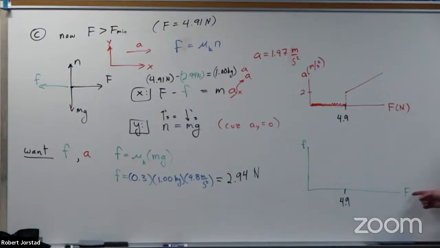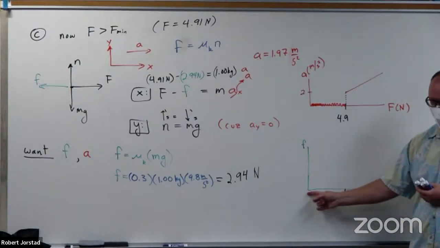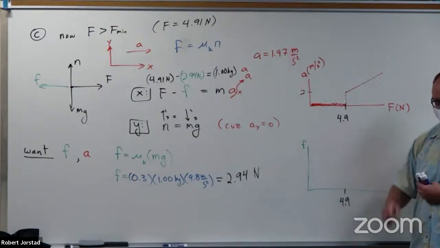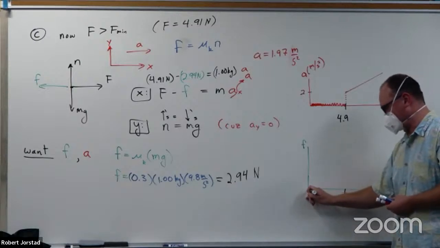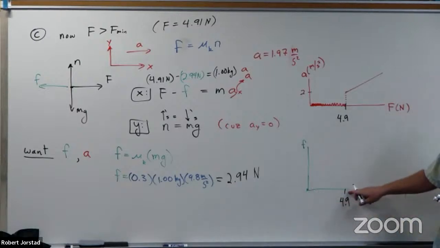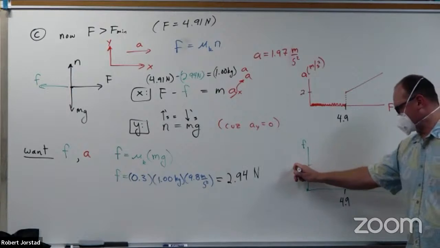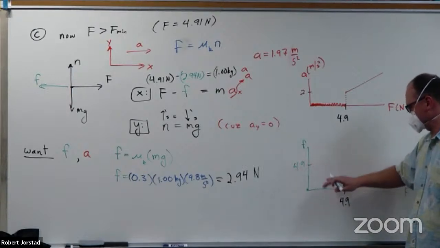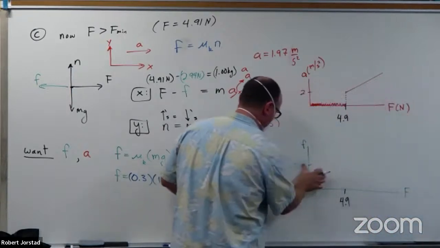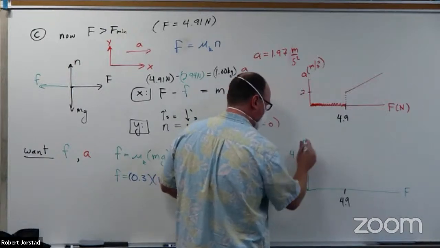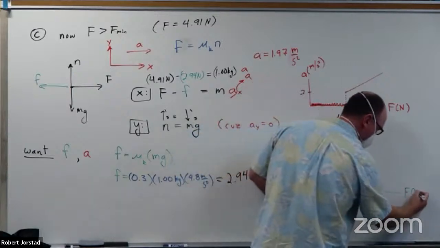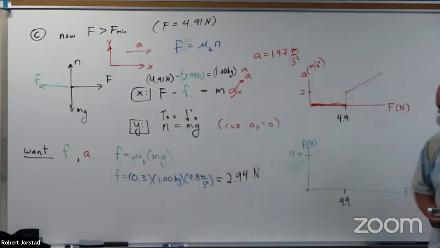If you apply 0 newtons of force, if capital F equals 0, what's the frictional force? 0, right? If I don't push on it, I don't have to push back. If I apply 4.9, what was the value of frictional force? 4.9. Probably a little higher. And this is in newtons, so we got our units.